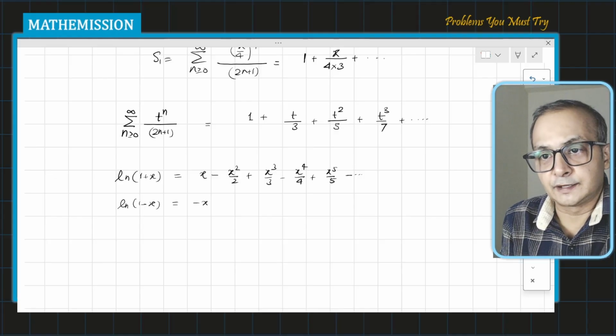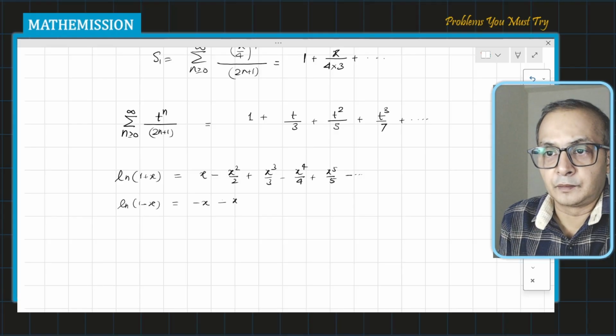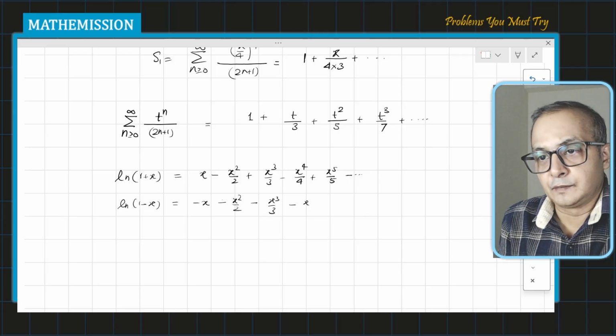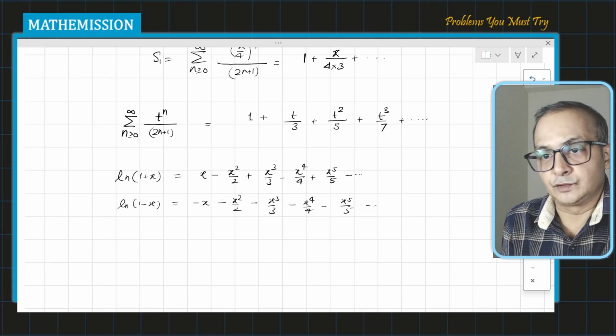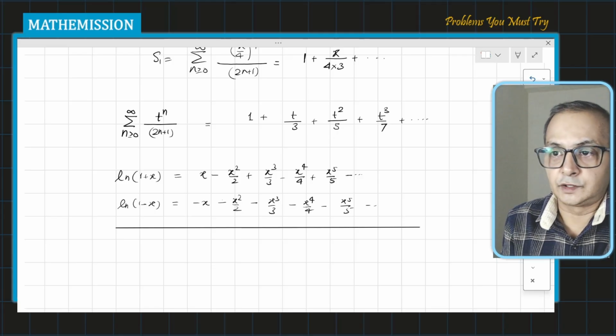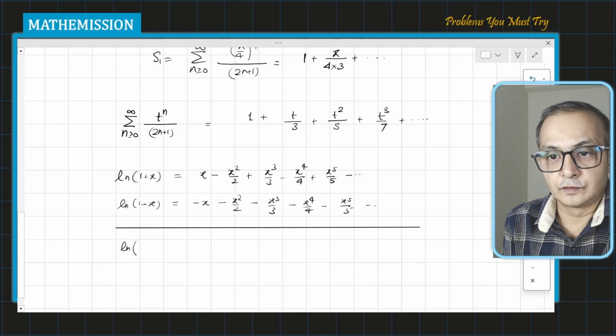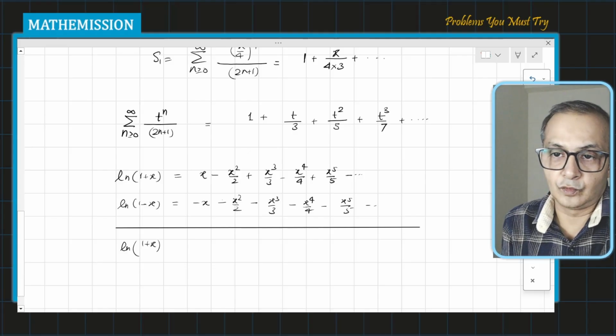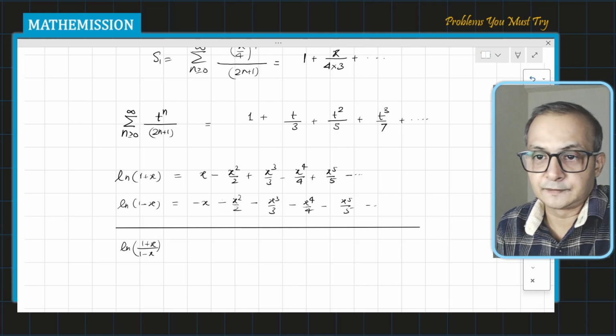So that will give you minus x, then minus x square by 2, minus x cube by 3, minus x to the power 4 by 4, minus x to the power 5 by 5, and so on. And when I subtract it from the top one, I will get here log of 1 plus x minus log of 1 minus x.